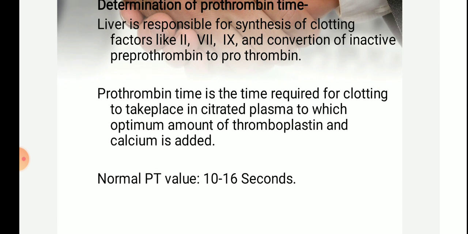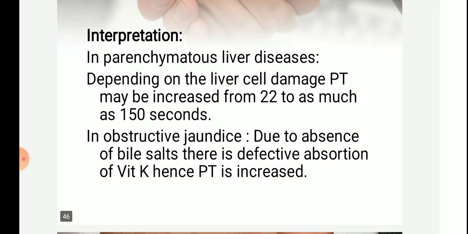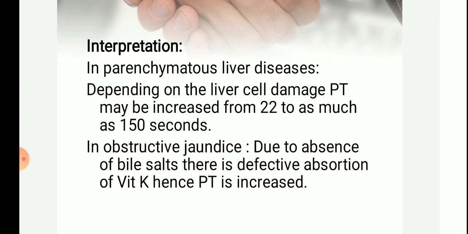It is the time required for clotting to take place in citrated plasma to which an optimum amount of thromboplastin and calcium is added. Interpretation: in parenchymatous liver diseases, depending on the liver cell damage, PT may be increased from 22 to as much as 150 seconds.